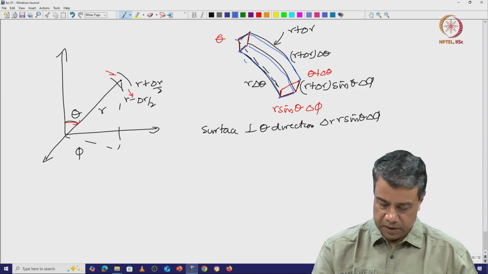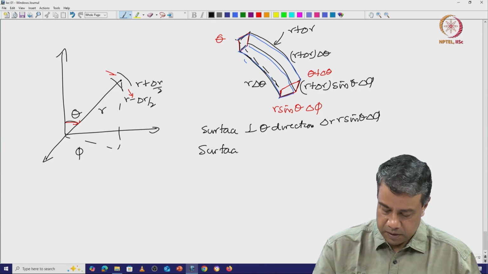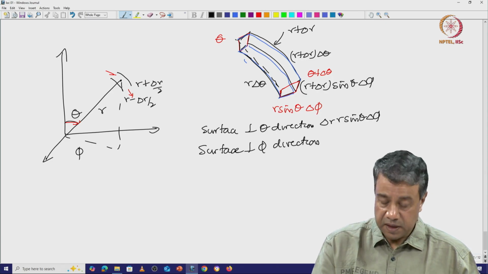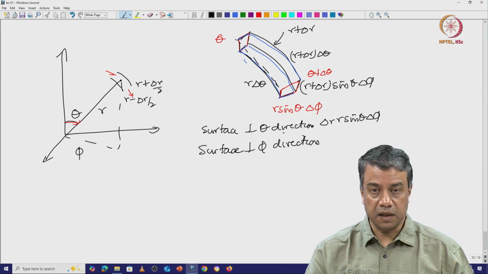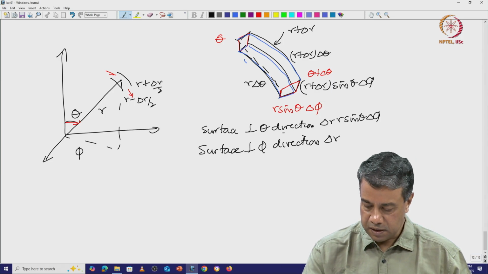And the surface perpendicular to the phi direction has increments in the r and theta direction. Increment in the r direction is delta r, and in the theta direction is r delta theta.